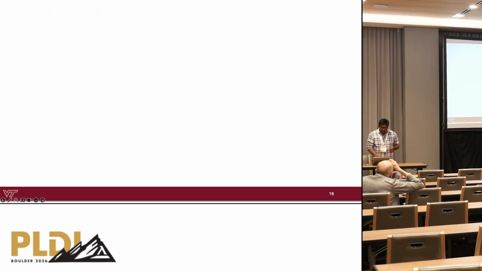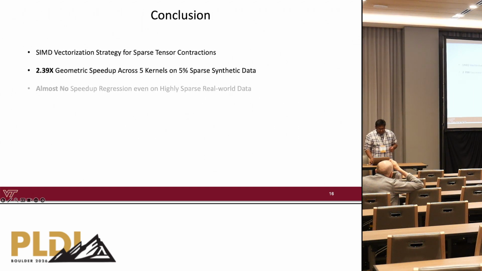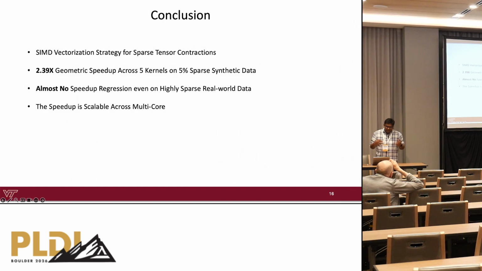So ultimately, what we have done here is a very good SIMD vectorization strategy for sparse tensor coiterations, and we have a geometric speed up of 2.39 and almost no speed up regression on real world data. And the speed up is scalable on multicore.